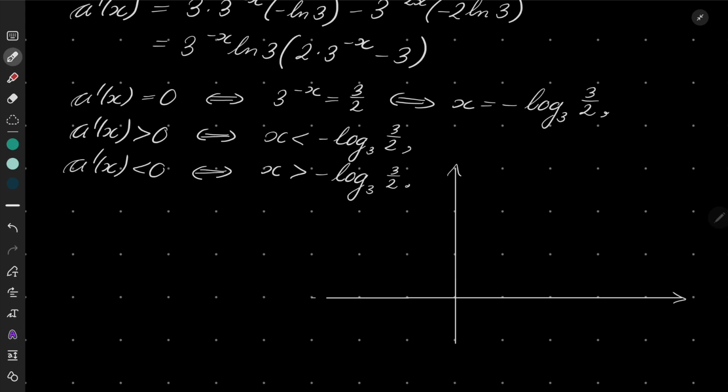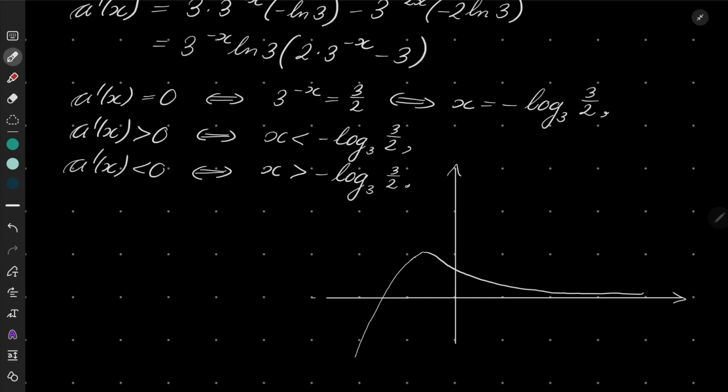So the function first goes like that. Then it attains its maximum. Then somewhere there is an inflection point, and it goes to its horizontal asymptote at 0.